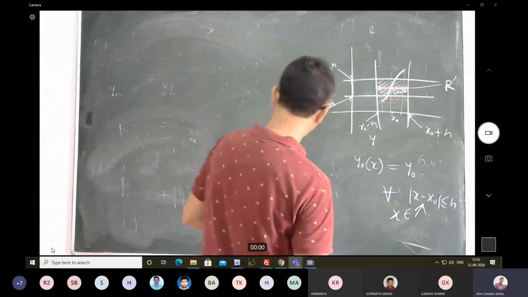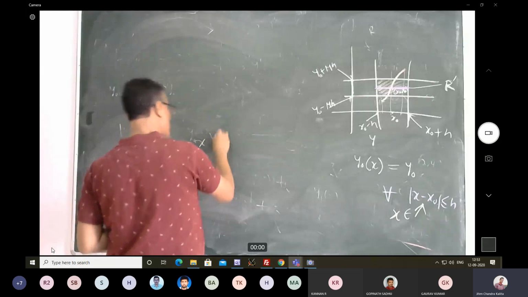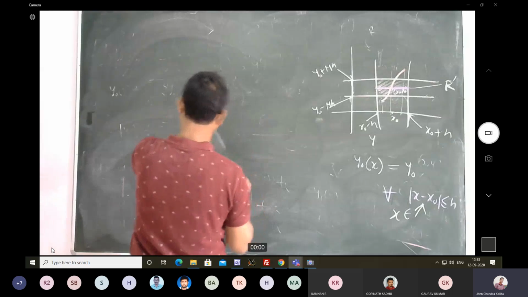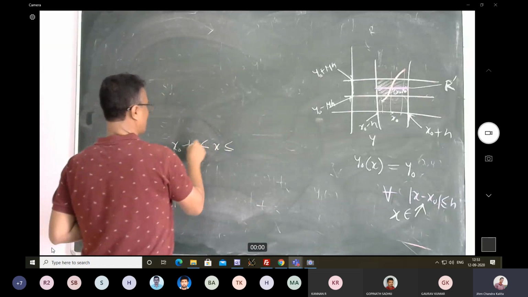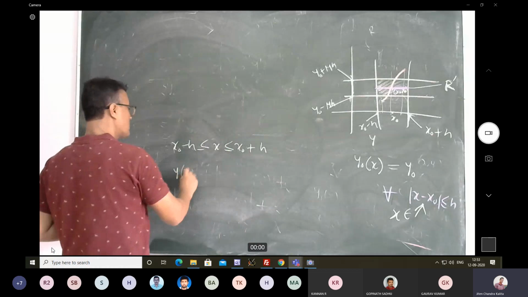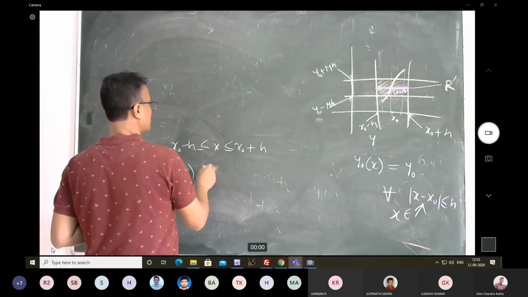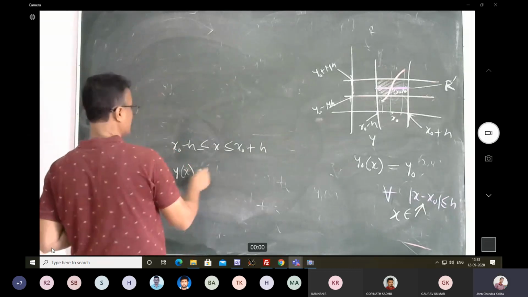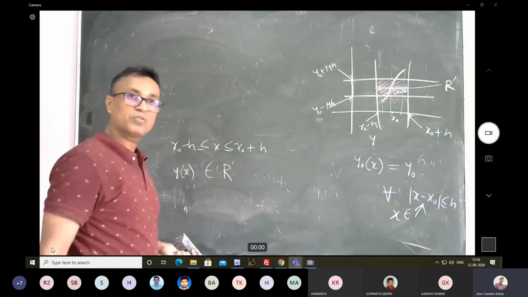Say for all x lying in this interval, if you want to prove that y(x) is going to be in the subrectangle R prime, what we have to do?